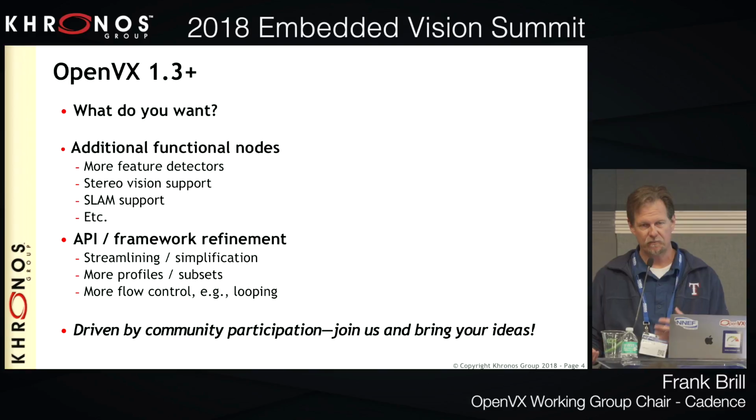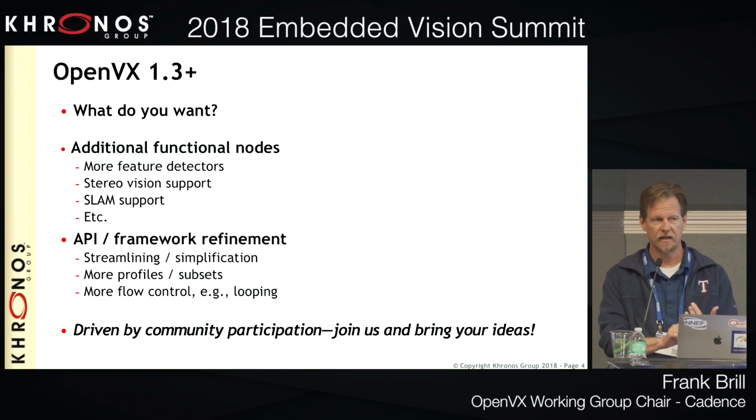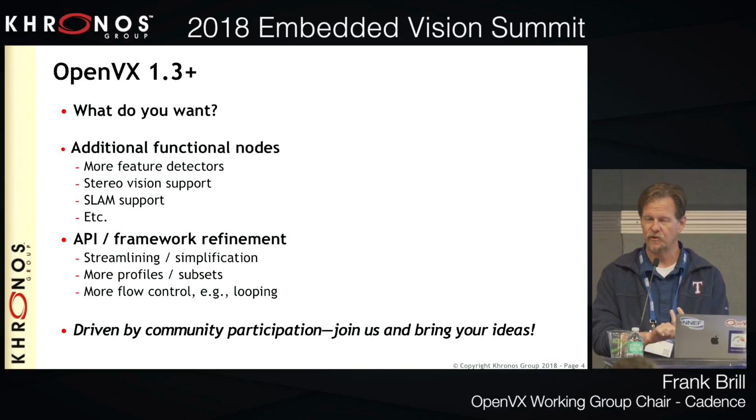But maybe we have profiles, as I was describing before, or maybe there's just extensions where we just say, okay, here's a new feature detector that we don't have in the main spec, and you can be conformant to that extension, and it's maybe just that one feature detector. And maybe we have different extensions for a collection of feature detectors.